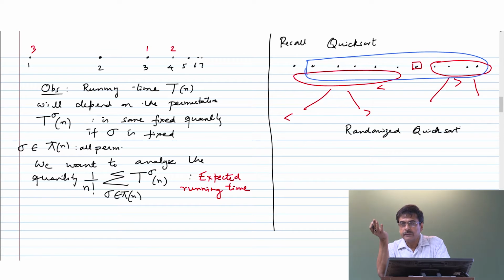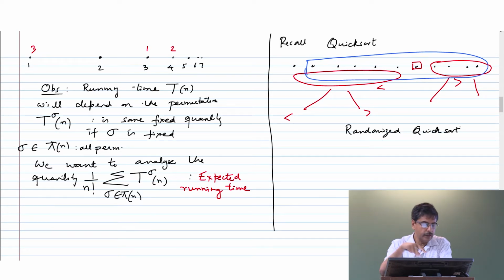Because, in the interest of worst case analysis, why would you even run an algorithm that can be defeated very easily by giving you an input that is ordered this way or that way. But the moment I talk about randomized quicksort, then you have defeated that adversary. Neither the adversary has any control, nor you have any control. And every time I pick a pivot, yes, there is a probability of picking a bad pivot, but that is very small.